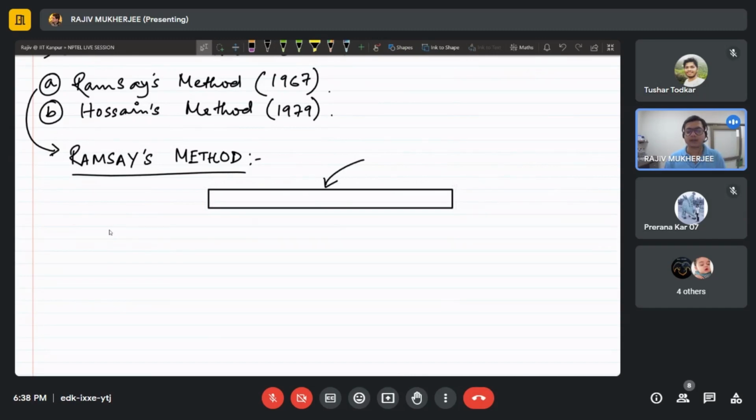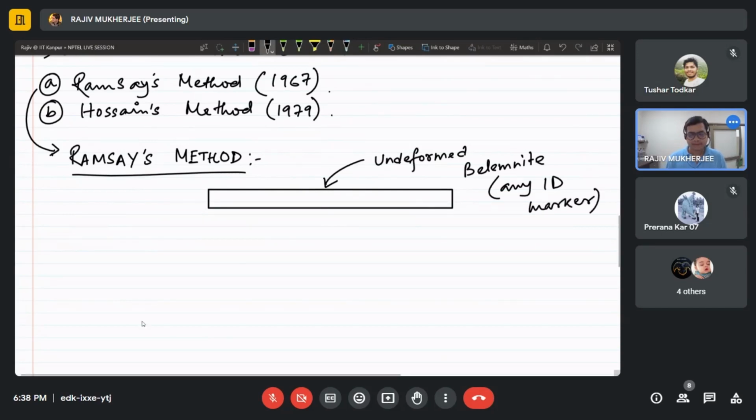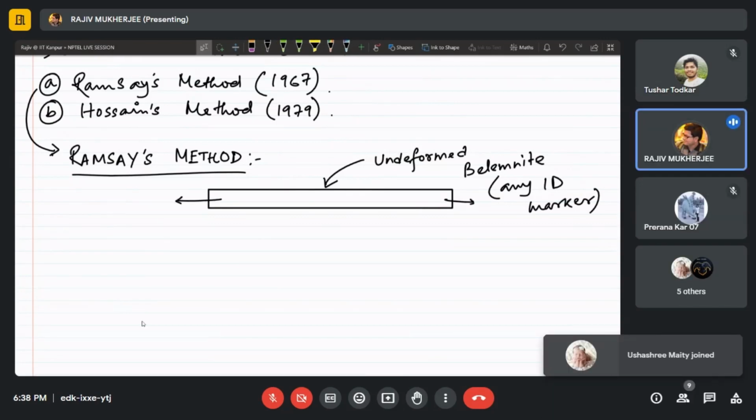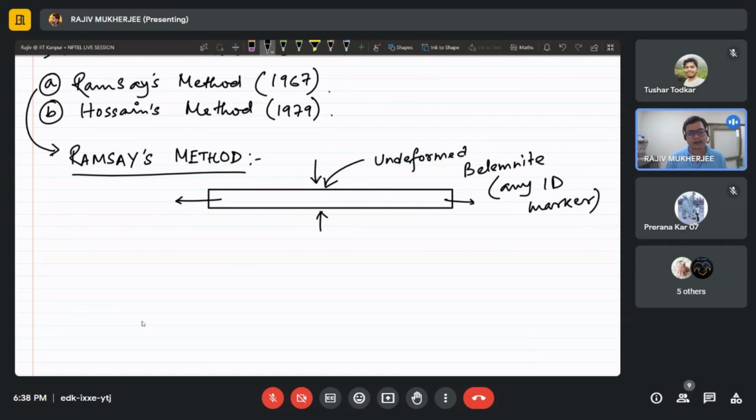Initial, okay. So this is the undeformed belemnite, or we can say any one-dimensional marker, right? Now what we are doing is applying a stretching in this direction. So automatically it will be compressed along this direction, and as a result it would be fragmented into multiple parts, right?